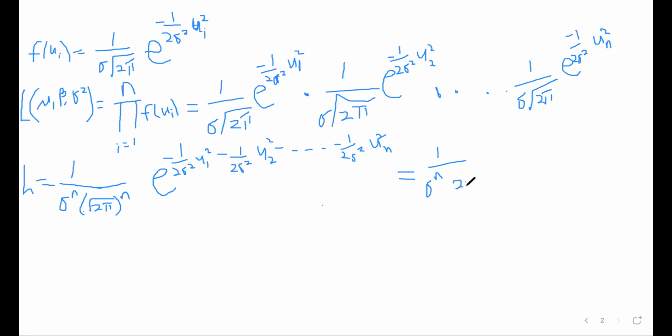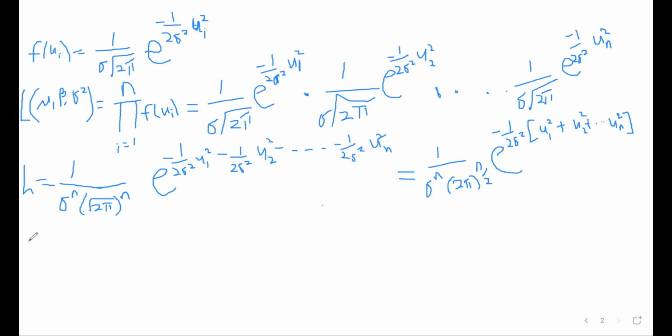So I can write 2 pi, there's an n here, and the root means 1 over 2, so it becomes n over 2. And then I bring the e. All these, I'm factorizing out. They all have this in common. So when I factorize it, I'll be left with u1 squared plus u2 squared plus all the way to un squared.